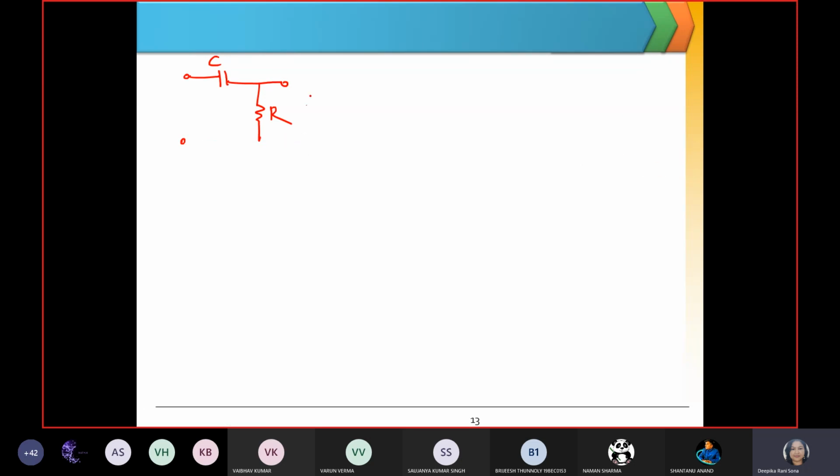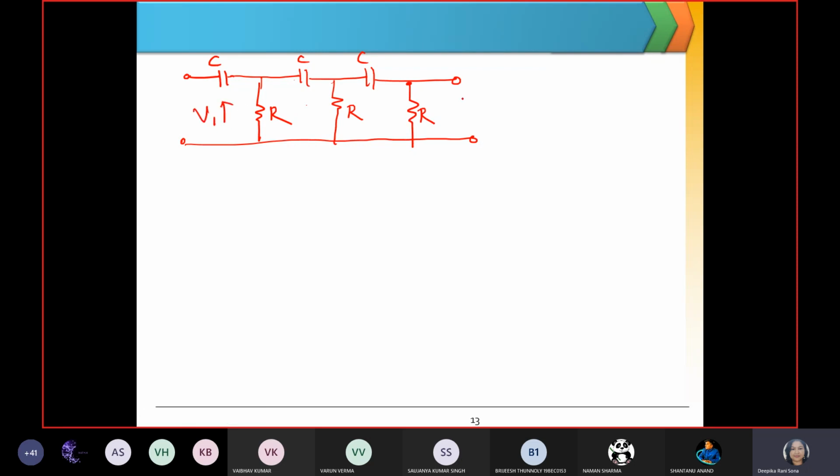So now I have to introduce 3 more RC network values. So suppose all the values are C. For simplicity we have to cancel the terms also, no? So here V1 is the input and V2 is the output.